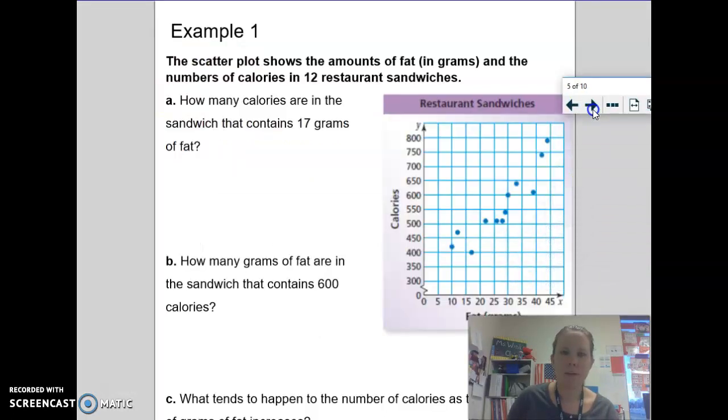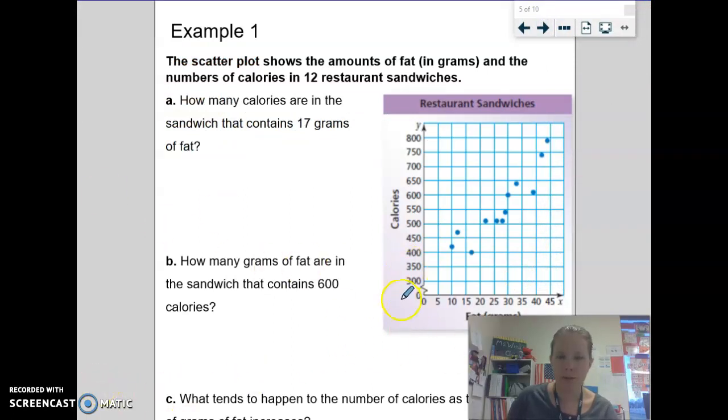So let's take a look at our first example here. Okay, I'm going to kind of move things around, best fit kind of, so that we can see some of these things as well. So here is your example. It says the scatter plot shows the amount of fat in grams and the number of calories in 12 restaurant sandwiches. So again, it's taking 2 sets of data.